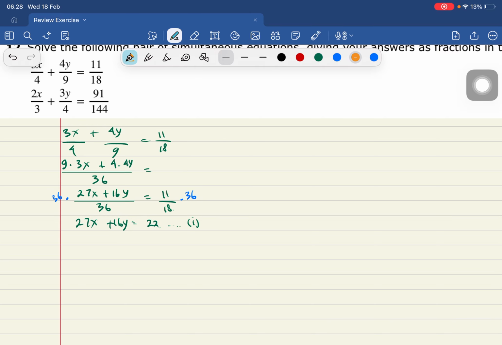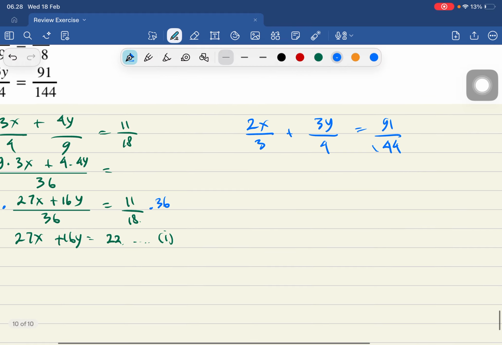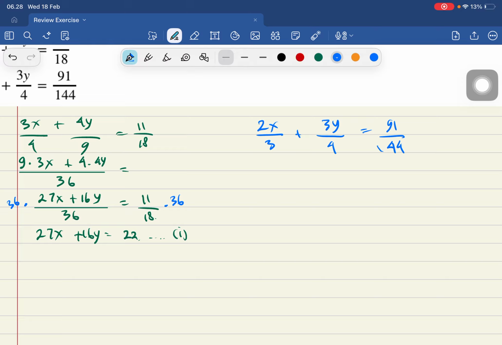Next, let us find the second equation. So we got 2x over 3 plus 3y over 4 equal to 91 over 144. Okay, let's leave the right side, go to the left side. So 3 times 4 is going to be 12. So this is 4 multiplied by 2x. Here is 3 times 3y equal to 91 over 144.